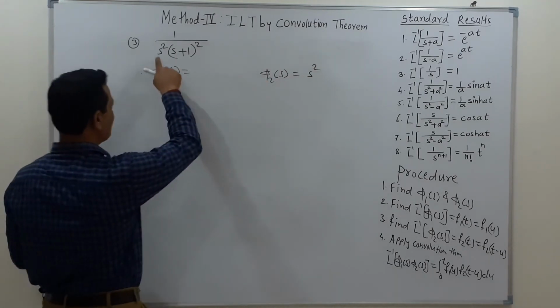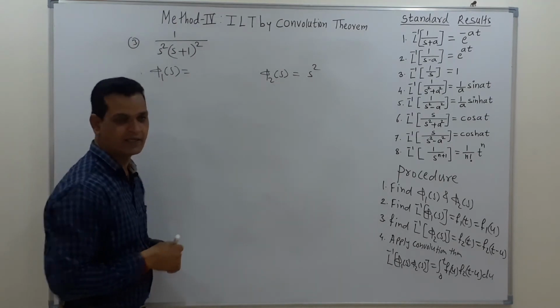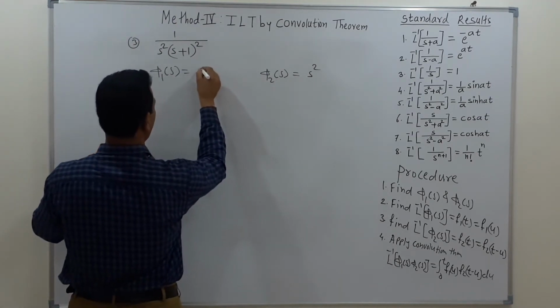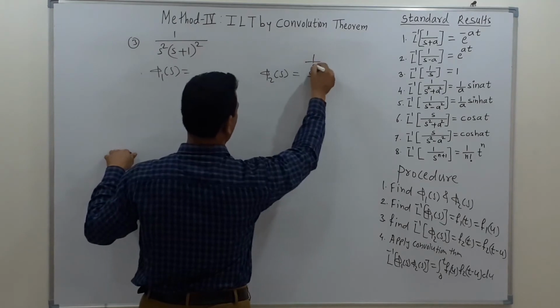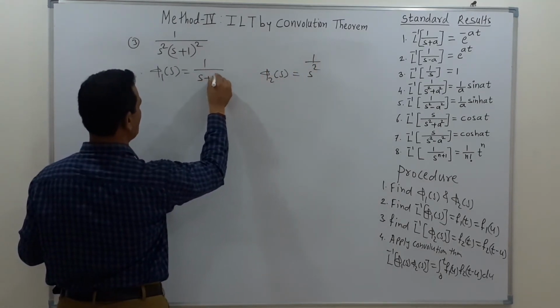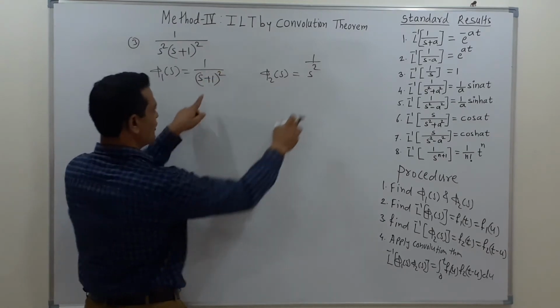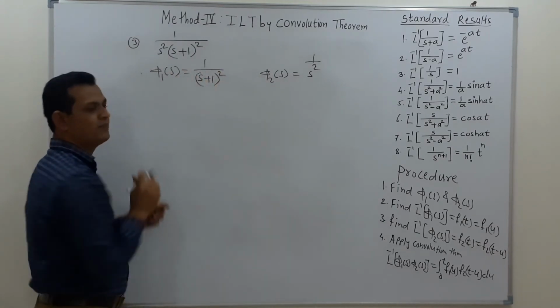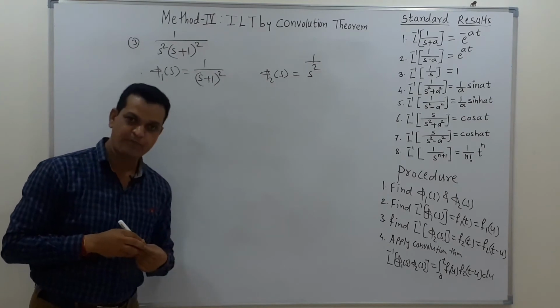That's why we choose phi 2 as 1 upon s square. Then phi 1 is 1 upon s plus 1 its square, so that after taking the product of these two terms we get the original function as it is.